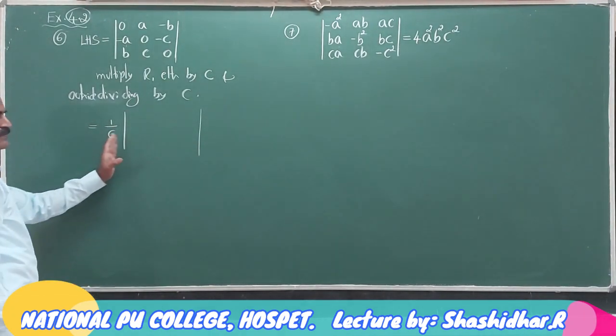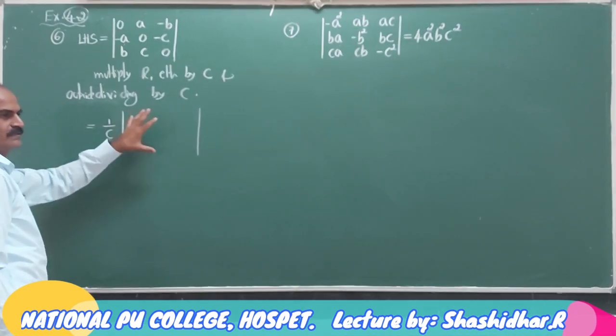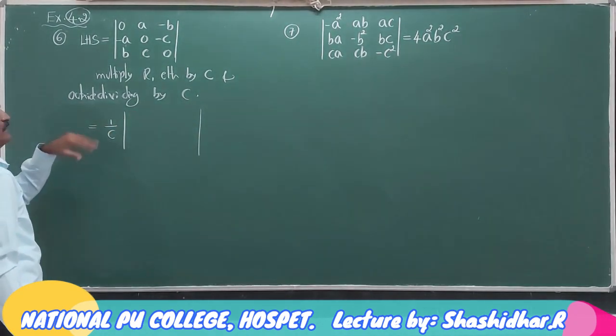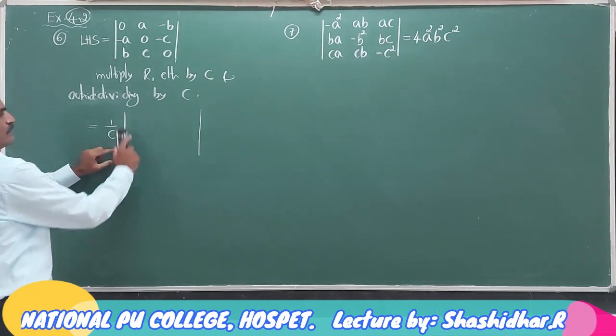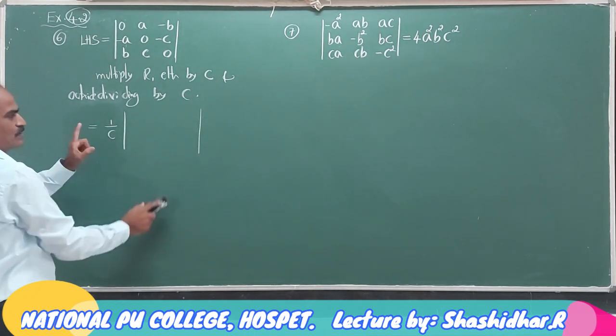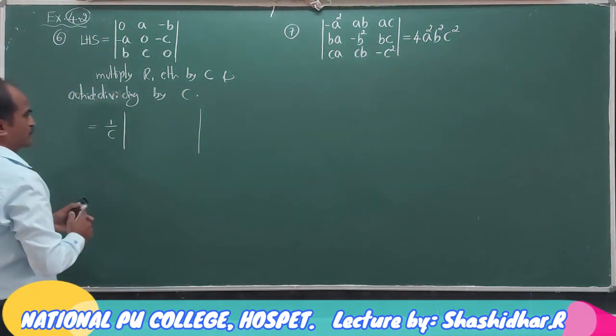I am multiplying with 1 by C, which means dividing the value of the determinant by C. As well, I have to multiply not all the elements, only any one row's elements. I have chosen the first row elements.